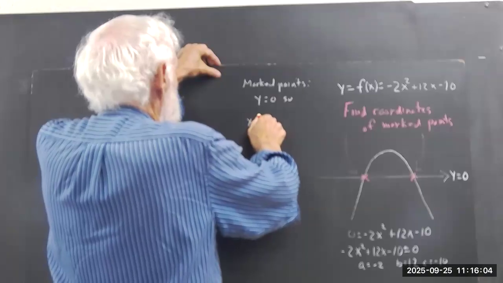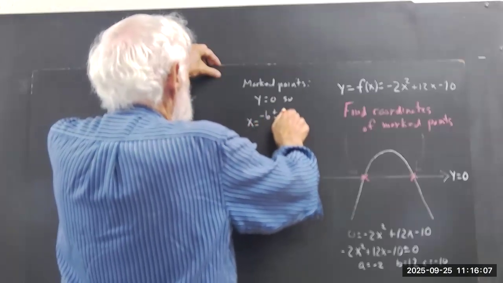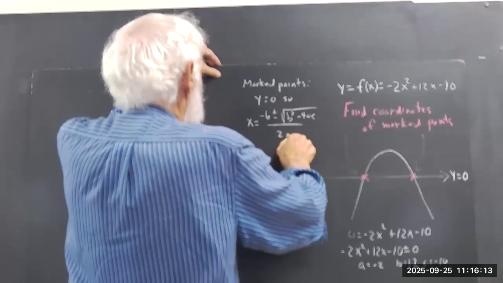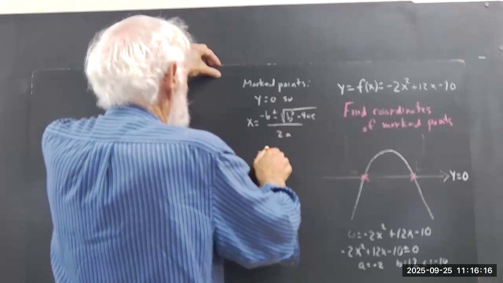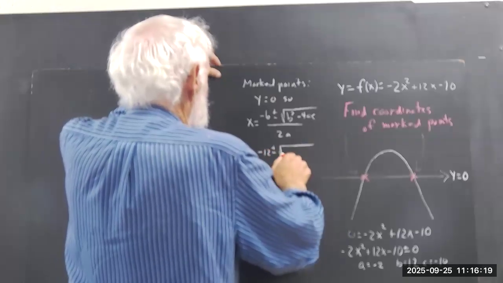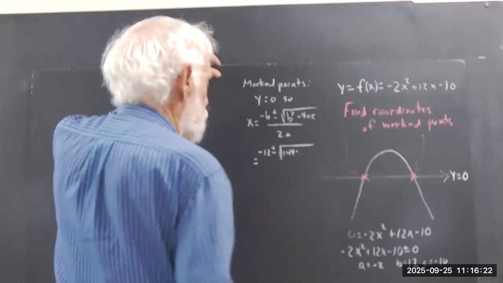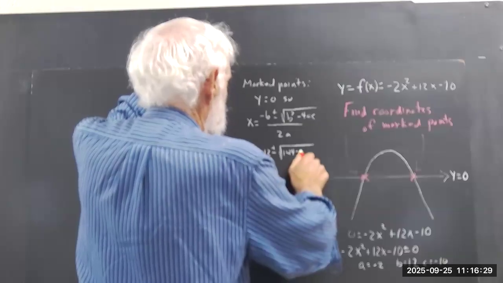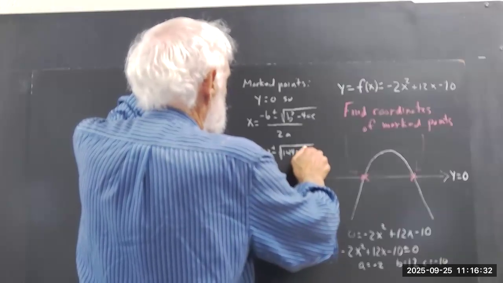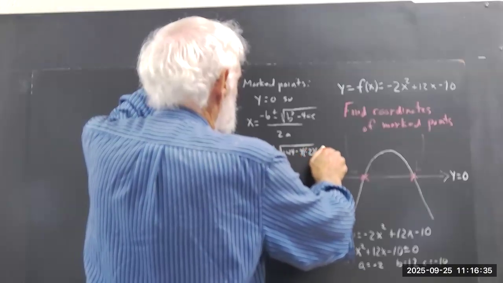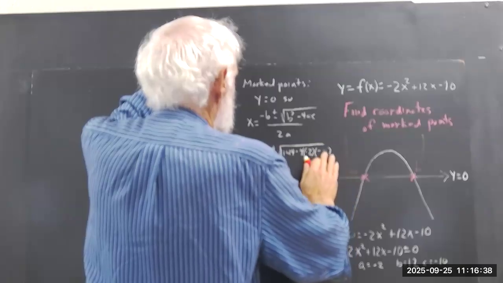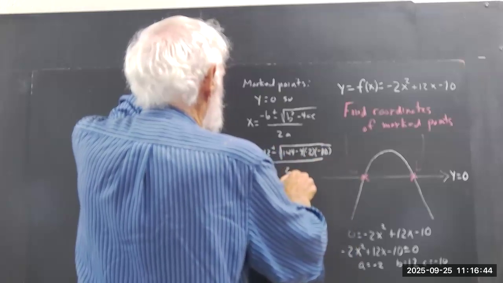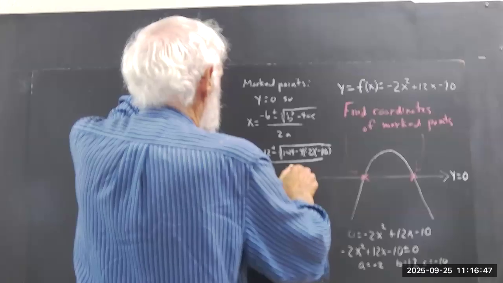So x equals negative b plus or minus the square root of b squared minus 4ac, all divided by 2a, which is then negative 12 plus or minus the square root of 144 minus 4 times negative 2 times negative 10, which is 80, all divided by 2 times negative 2.